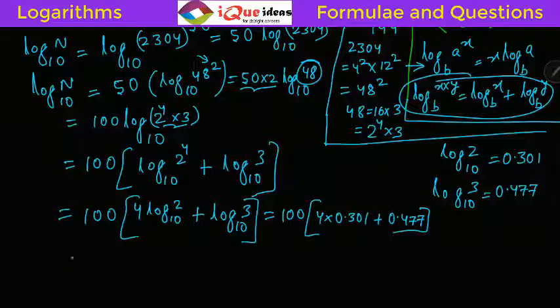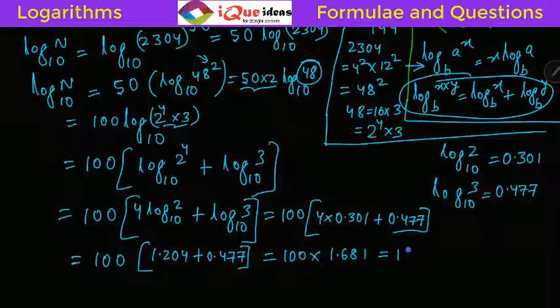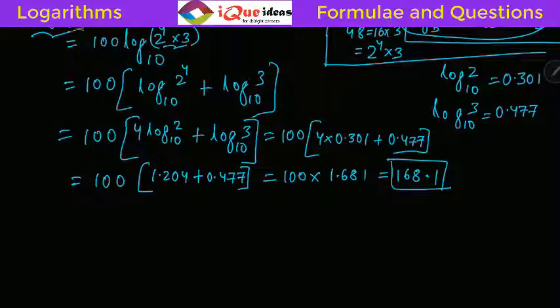Okay. So this comes out to be 100 into 4 into 0.301 will be 1.204 plus 0.477. Now if you add them, it will become 100 into 1.681. So this is 168.1, right? So that means the log value, log of n to the base 10, is equal to 168.1.